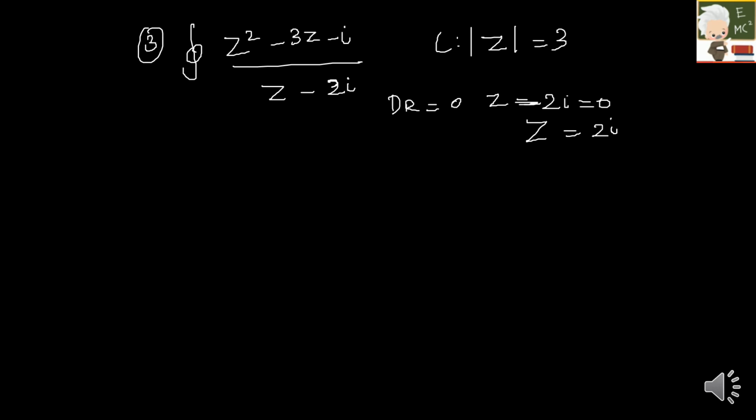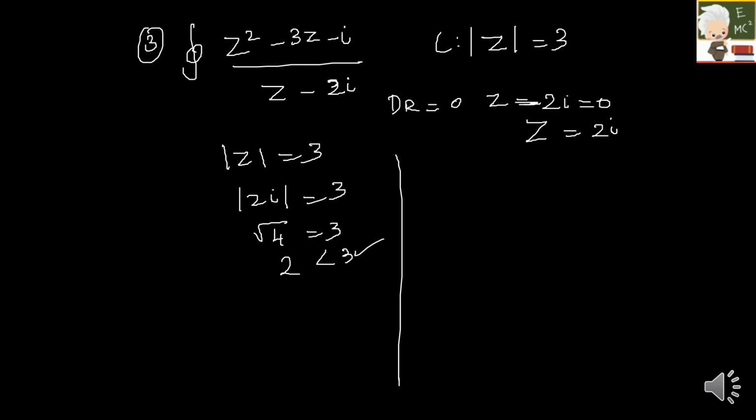So next step I have to find whether it is inside or outside. So |z| = 3. So mod of 2i, I have to find the magnitude, which would be under root 4. So 2 is less than 3. So then this point lies inside the circle.